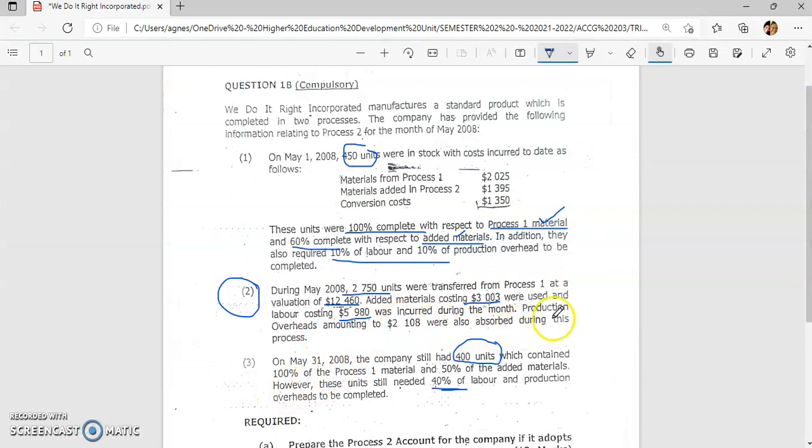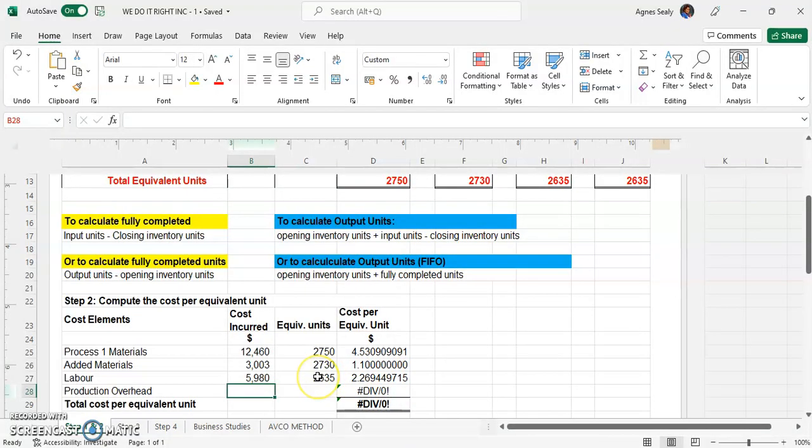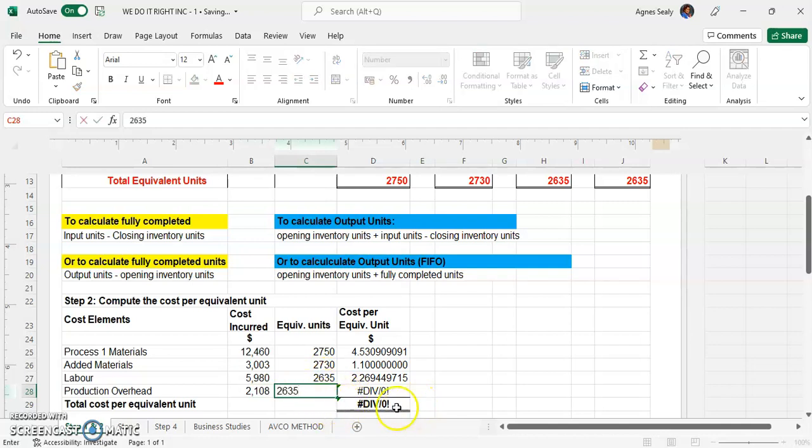And then finally, our production overhead costs incurred. It said that production overhead amounting to $2,108 was also absorbed during this process. And the total equivalent units for production overhead is also 2,635.